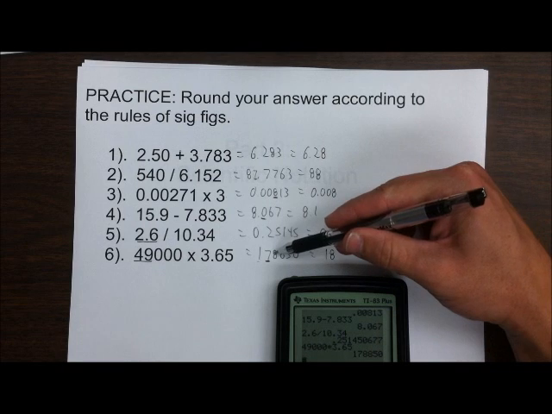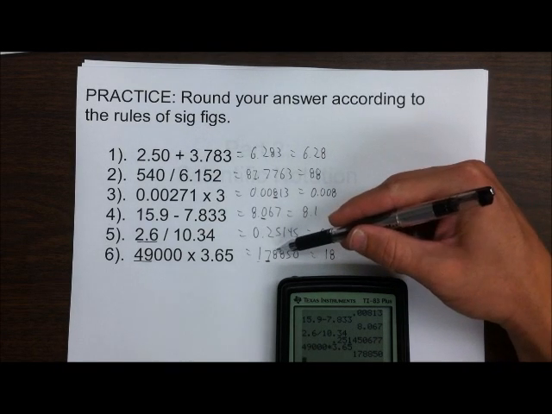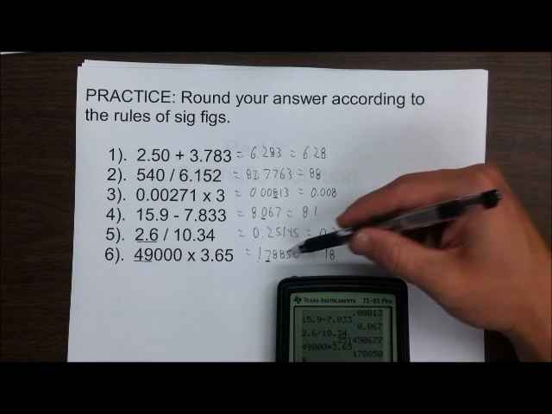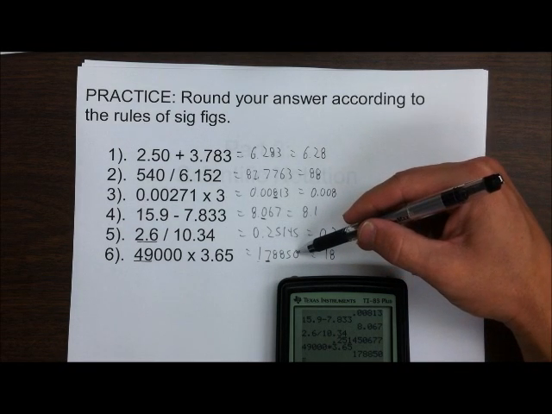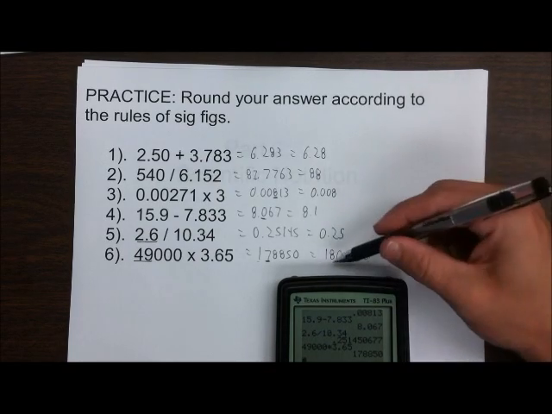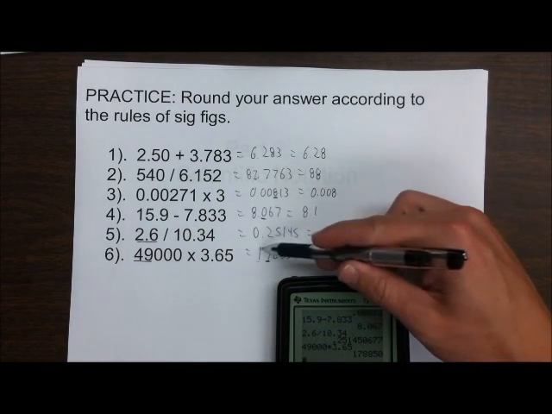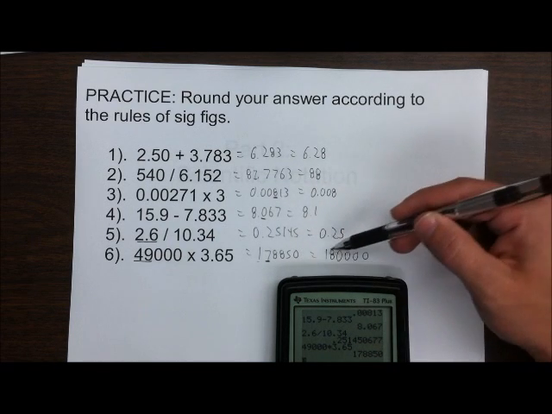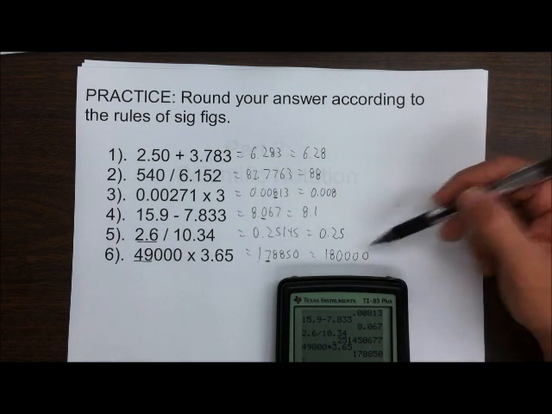Now you cannot get rid of these because you can't round 178,000 down to 18. So to keep the place of these, we're going to use zeros. So it's going to be 180,000. However many places to the left of the decimal you have before you round has to be how many you have after you round.